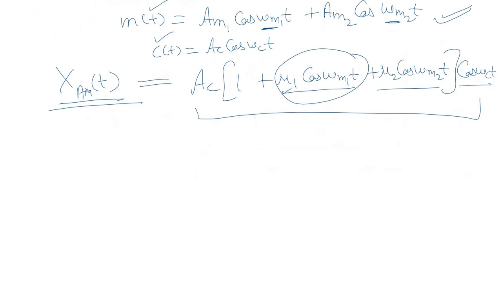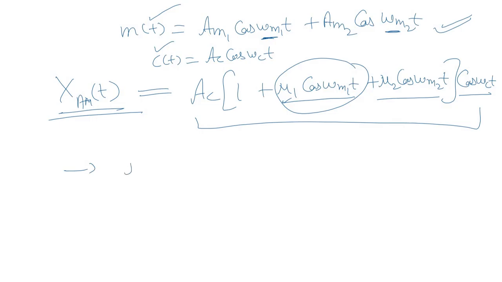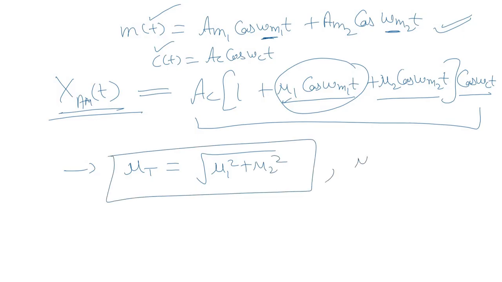And regarding the modulation index, the total modulation index would be equal to the square root of mu1 square plus mu2 square, where mu1 and mu2 are the individual modulation indices based on the different frequency components. Now, in the message signal we have two frequency components, omega m1 and omega m2. Both these frequency components have different amplitudes, so these different amplitudes will lead to different modulation indices.